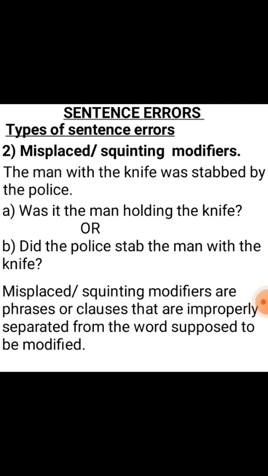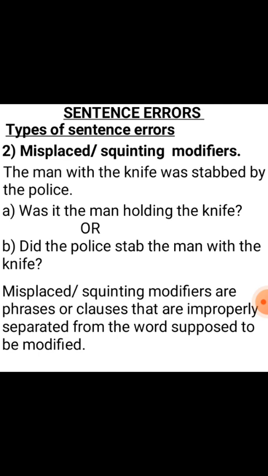Just ignore the A and B thing. Think about this sentence. Someone just comes to you and says, the man with a knife was stabbed by the police. How do you understand this sentence? Someone will be like, was it the man holding the knife, or did the police stab the man with the knife? You can see that this is really bad.